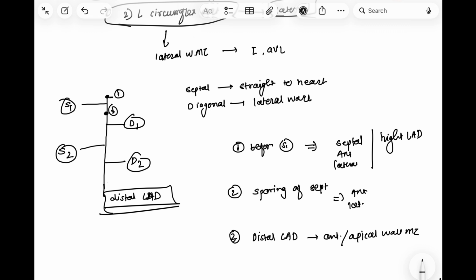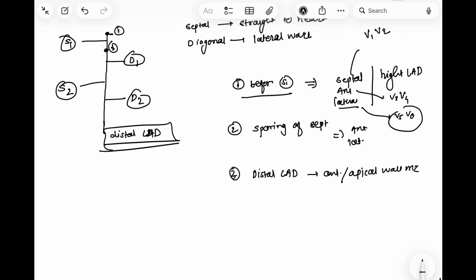So if the ECG shows septal MI, that is V1, V2, anterior wall MI, that is V3, V4, and lateral wall MI, that is V5 and V6, then you can say there is a proximal LAD occlusion, and this is a serious one. If you see the ECG showing only anterior wall and lateral wall MI, that is anterolateral, V3, V4, V5, V6, you can say there is an occlusion between S1 and S2.